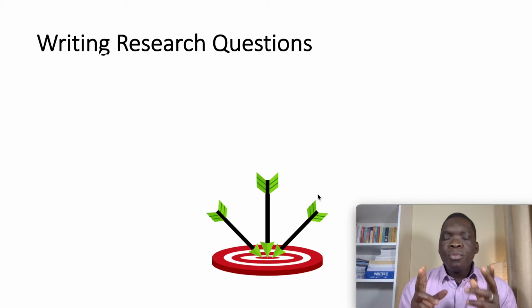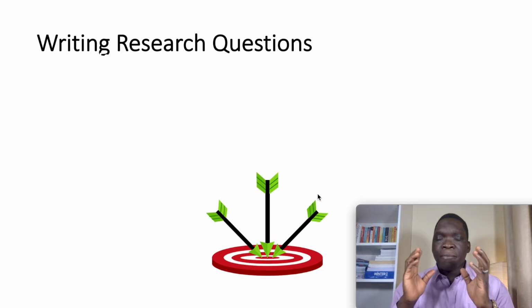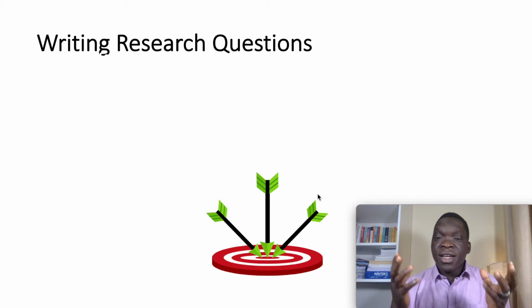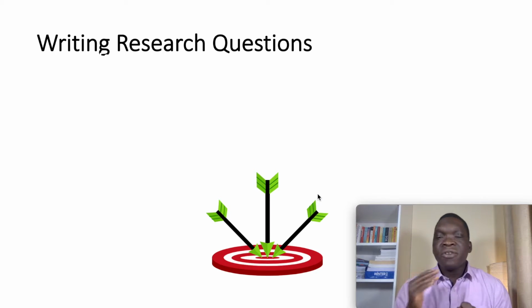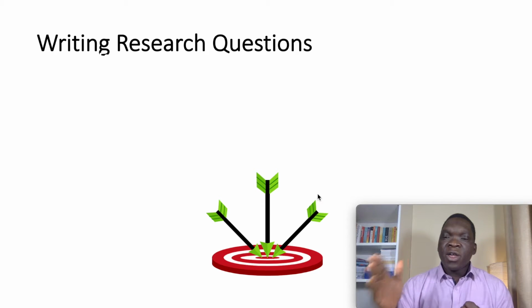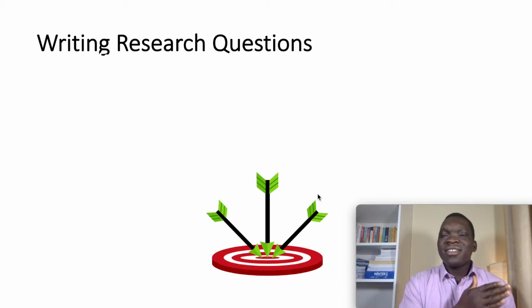So when you have this problem, how do you carve research questions out of them? There are two main reasons why it is important to carve straightforward and easily understandable research questions. Number one, research questions will be your guiding light throughout your research. At every stage of that study, you should be able to link whatever you are doing to the questions you have raised.